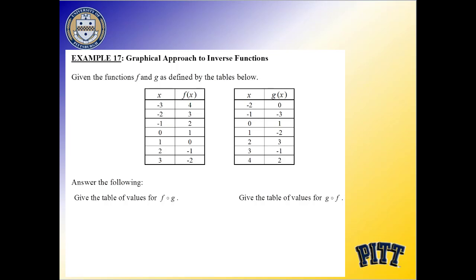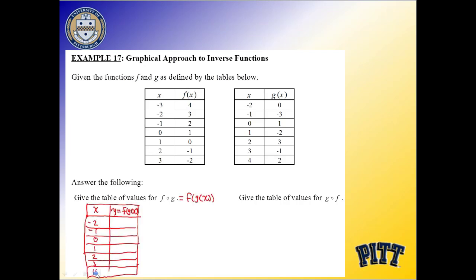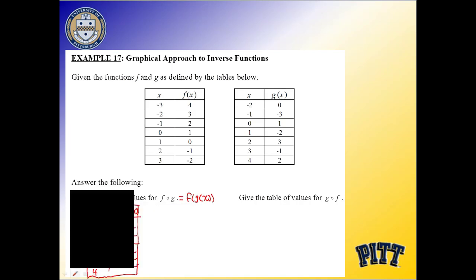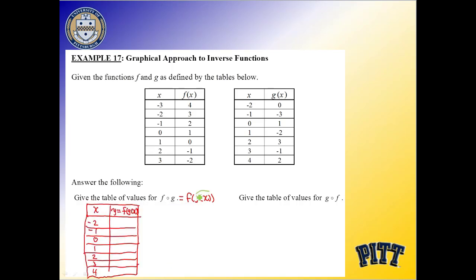That would happen for every number I have here. Well, let's have a look and see how we would go about doing this. If I'm doing f of g of x, first I'm going to start with the innermost function's domain. So I'm starting with g of x's domain, and g of x's domain is this group right here.